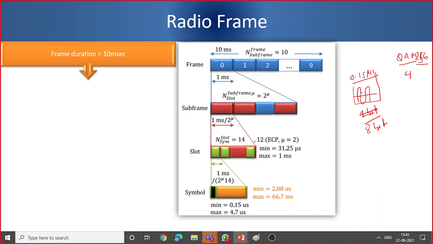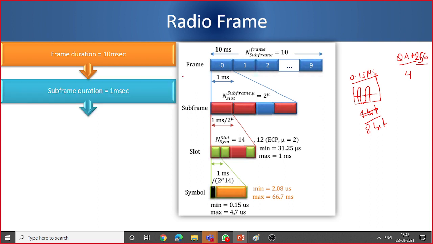Okay, let's go forward. So the frame size, as I said, is 10 millisecond. This is shown here, and every subframe duration is 1 millisecond. So this box is 1 millisecond, from 0 to 9. And now suppose you have multiple subframes, so in 1 millisecond, how many slots can there be?